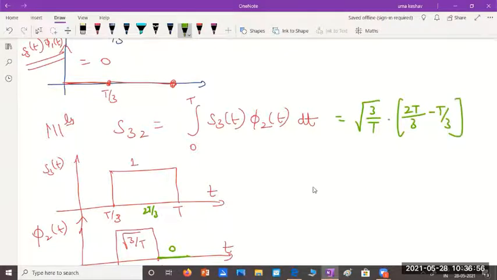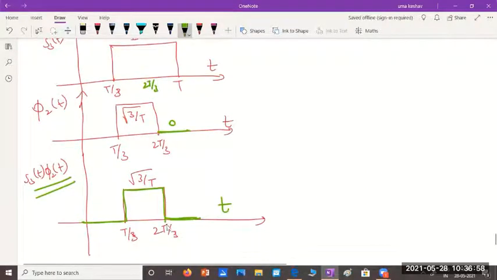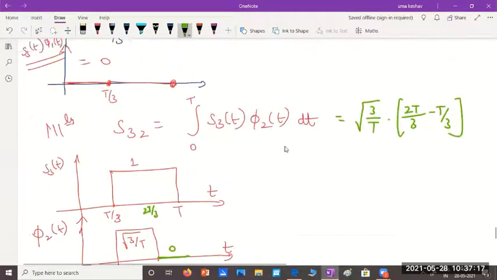That is the width, and the height is root 3 by t. So that gives you the area under this waveform, which is nothing but the integral. How much will it turn out to be?